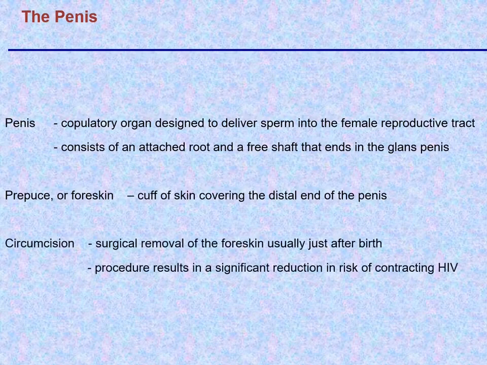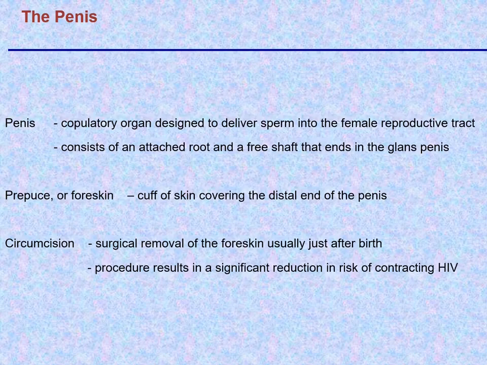Okay, now the penis, which is part of the external genitalia, that's the reproductive organ in terms of copulation, sexual intercourse. It's designed to deliver sperm into the female reproductive tract, the vagina.